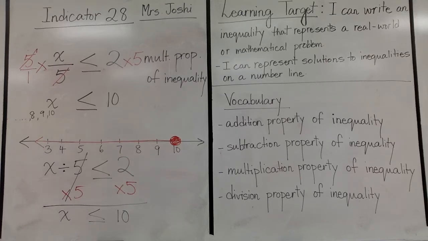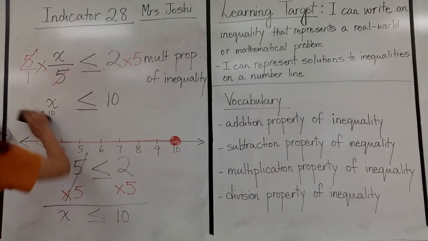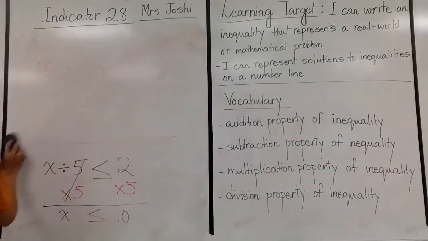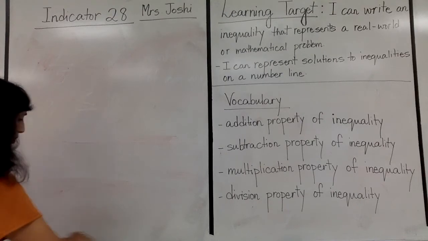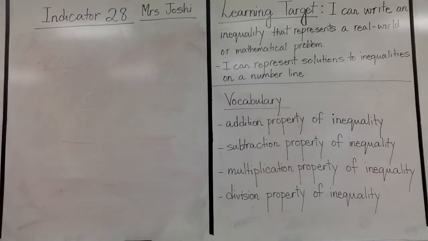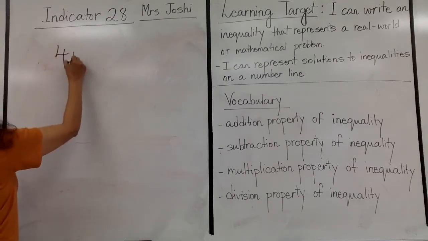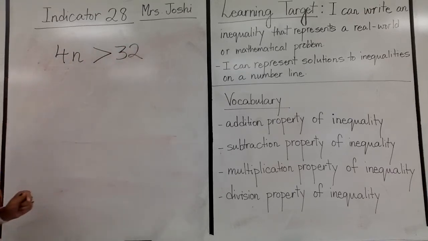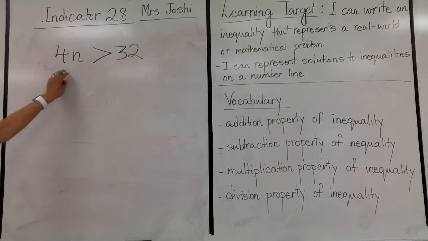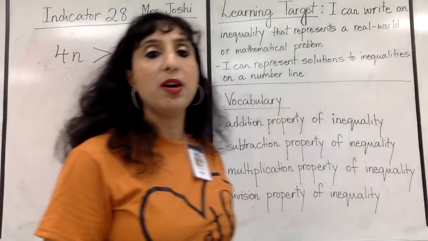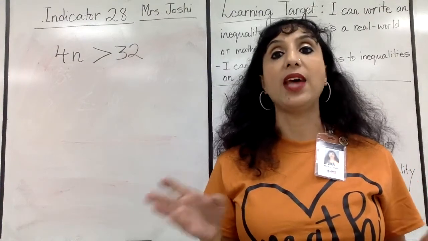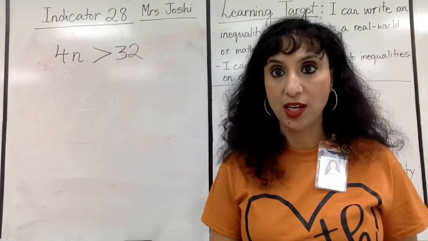Okay, so if I say, the question is 4n is greater than 32. Remember, we've talked about this over and over and over again, that when a number is written next to a variable, that is the coefficient of the variable, and that means multiplication.